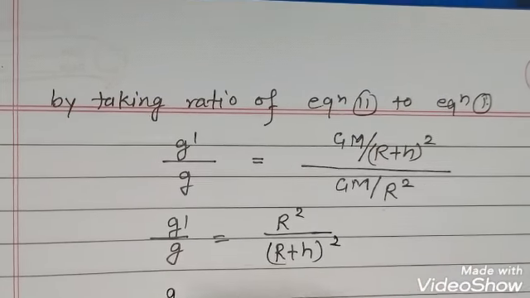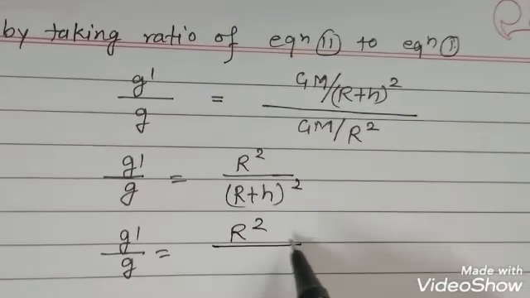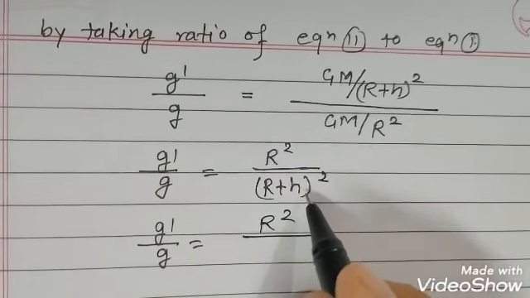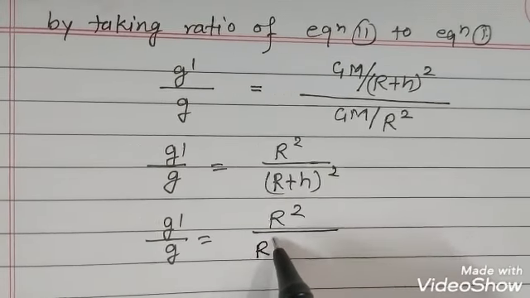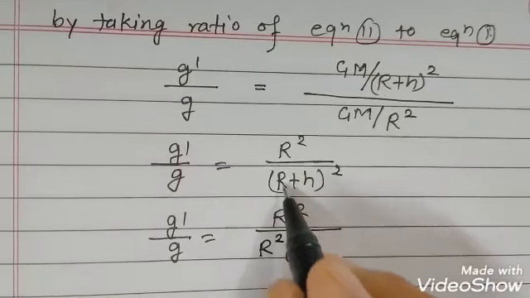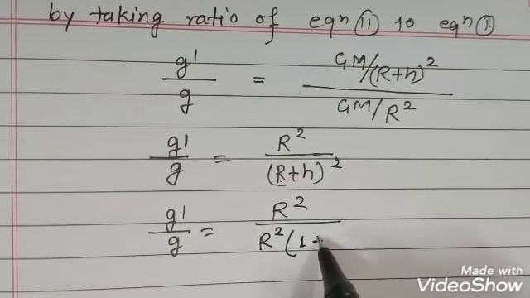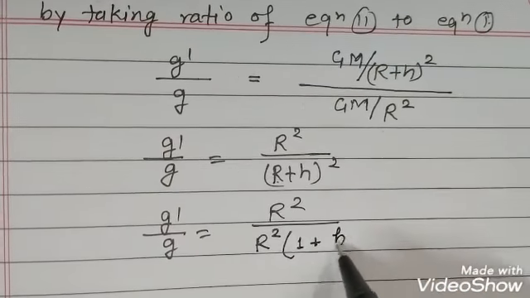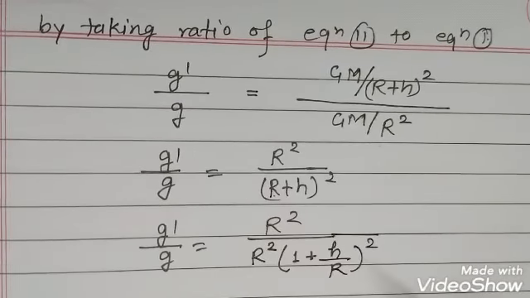Now for g dash upon g, from r plus h the whole square, we'll take out r as a common factor. So this is r square, and in the first term it would be 1 only. Here r is not there, so we can write h upon r whole square.